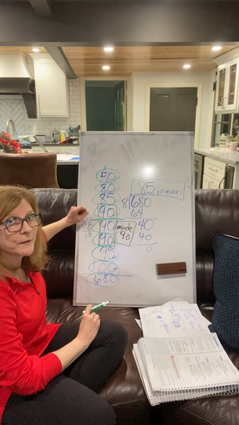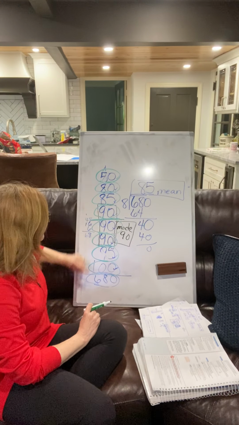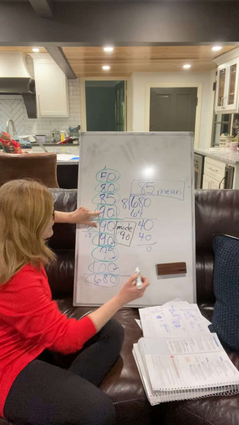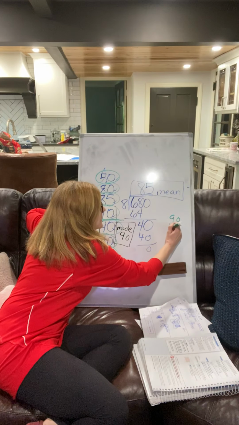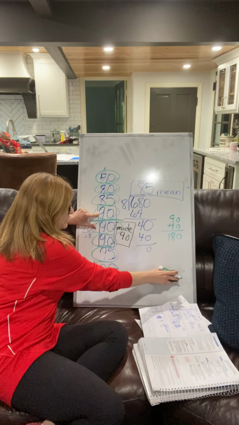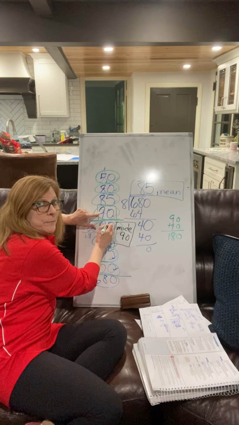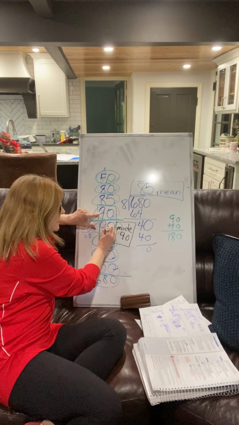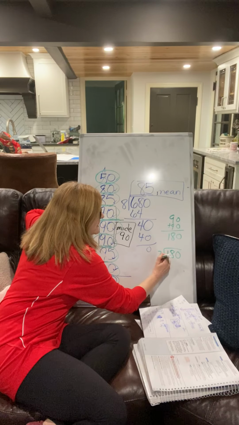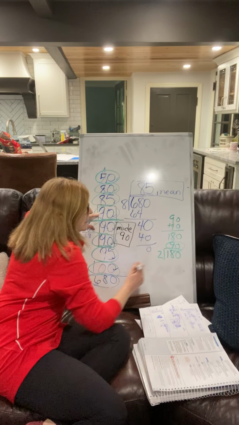Okay? Now remember they said when there's an even number, what you do is you take these two numbers and you add them together. 90 plus 90. That would be 180. Then you're going to divide them by 2 because there's 1 90 and 2 90. So 180 divided by 2 is 90.